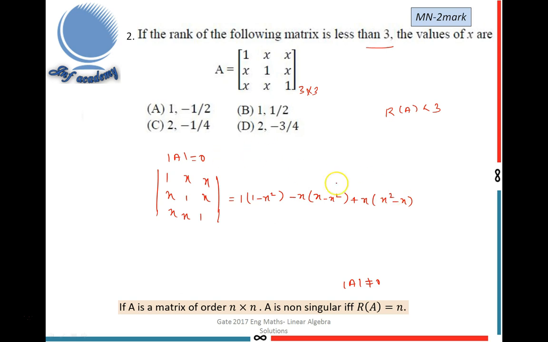This is equal to 0. Determinant A equal to 0. So finally I got 2x cube minus 3x square plus 1 equal to 0. Solving this equation, I got 3 values, x equal to 1, 1 and minus 1 by 2. So the final answer is 1 and minus 1 by 2.